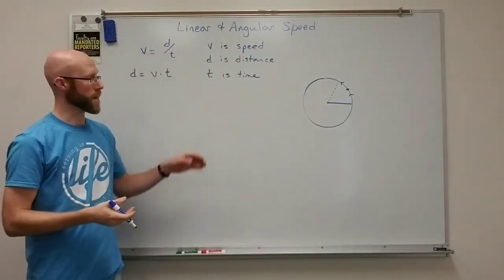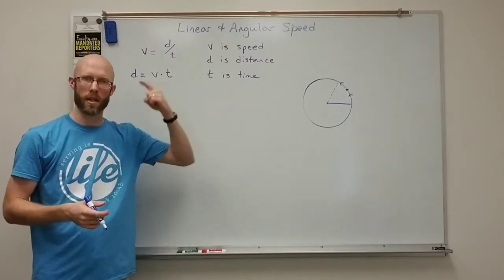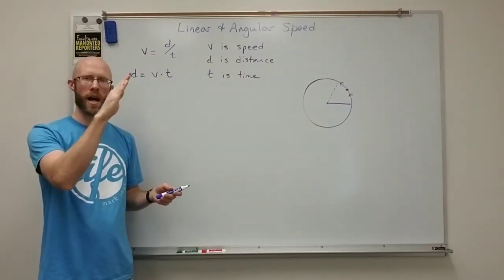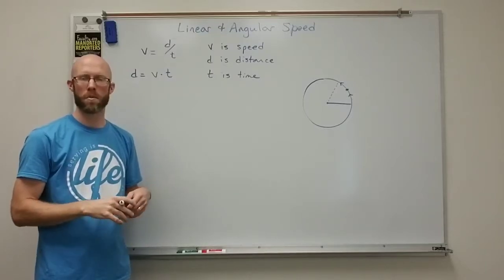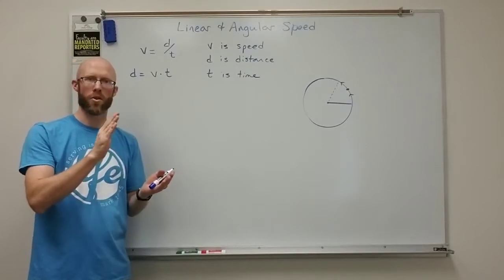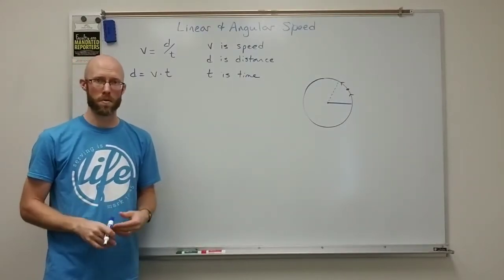So that object could be a satellite orbiting the Earth, it could be the minute hand of a clock going in a circle, it could be a lot of different things. But the angle at which it travels versus the amount of time is called the angular speed.